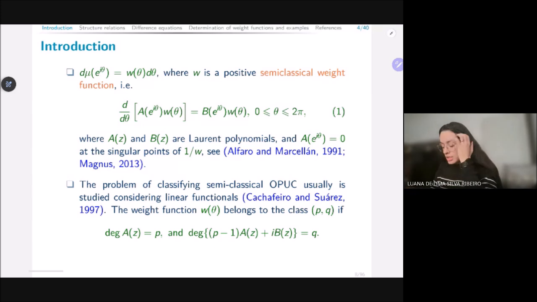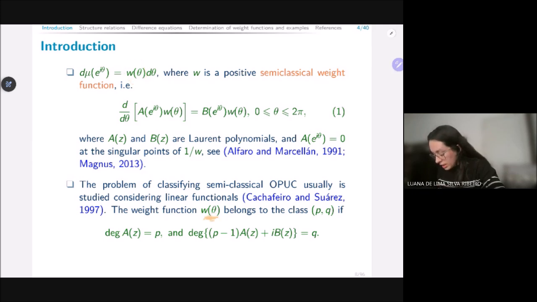In general, the study of semi-classical wave functions is classified in terms of linear functionals, and this classification can be understood for us for a wave function like this.